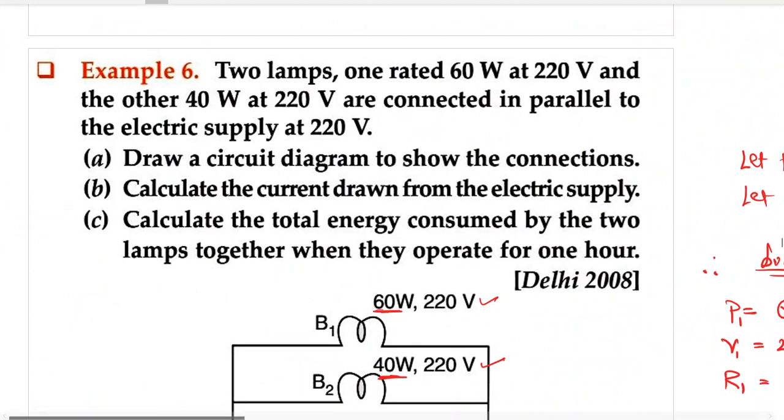So what is the next question? We have found the second one. Third one is calculate the total energy consumed by the two lamps together when they operate for 1 hour.